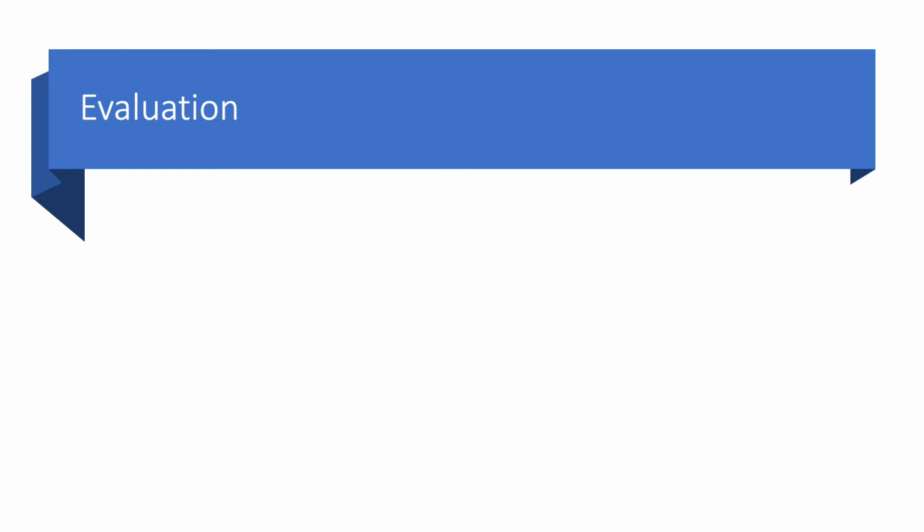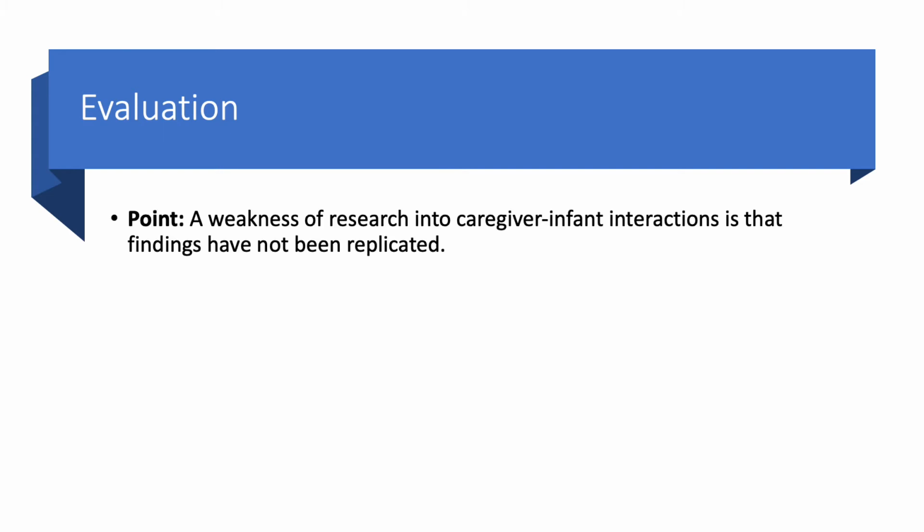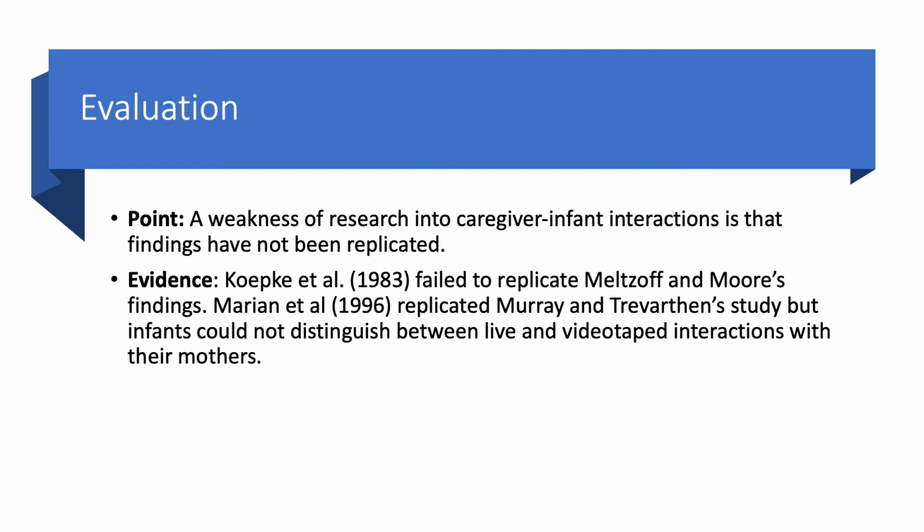Our next evaluation point is another weakness. And a weakness is that research hasn't very widely been replicated. I want you to consider now, what issues do you think we're going to talk about in our explanation? What clearly relates to replicability? Evidence comes from Köpke, who failed to replicate Meltzoff and Moore's findings.